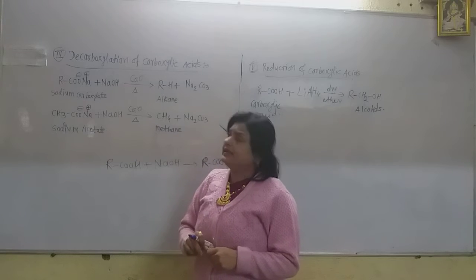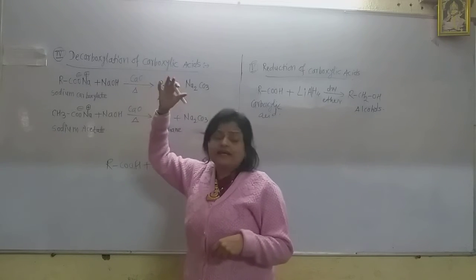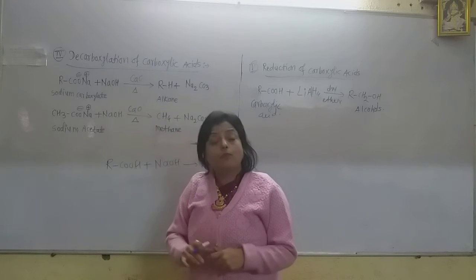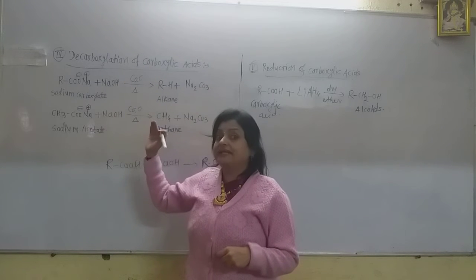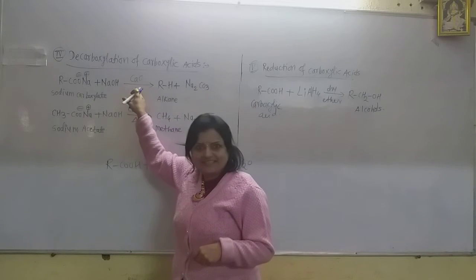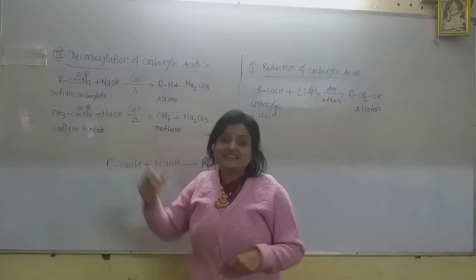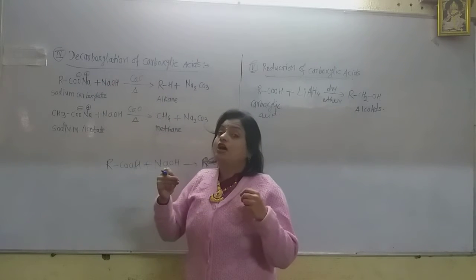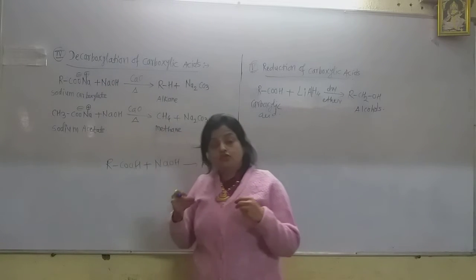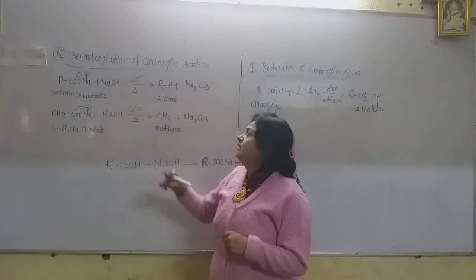We have already seen this reaction in the preparation of alkane. This is one of the methods, by using the soda lime. This is soda and this is lime. So the name of this reaction is the reaction of sodium carboxylate with the soda lime for the preparation of alkane.